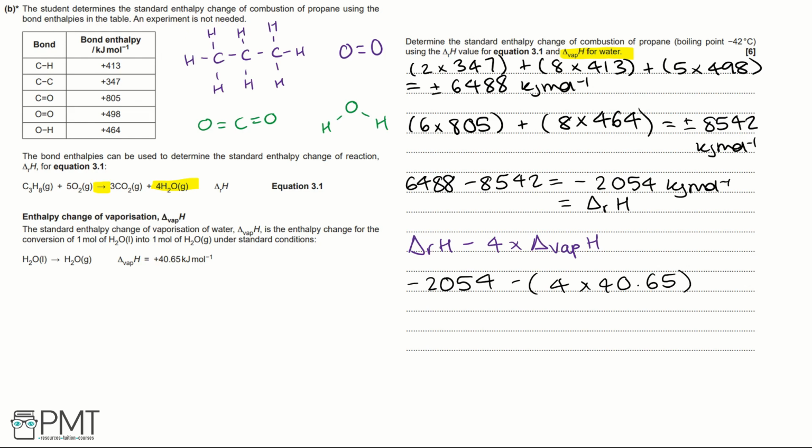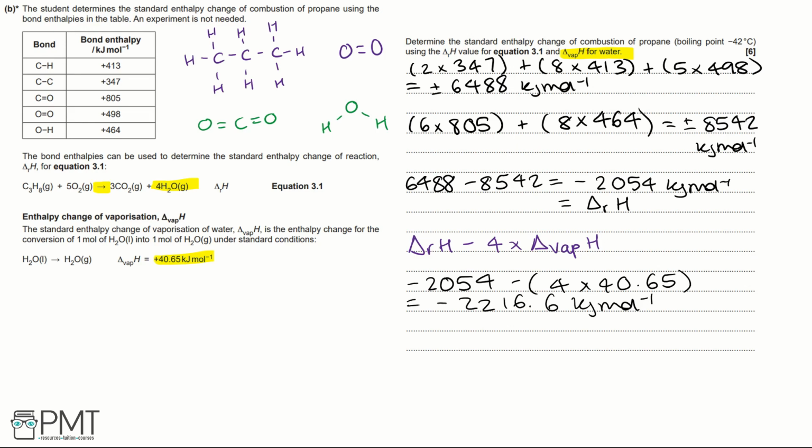So we get this number from the information in the question. And that's how you go from liquid water to gaseous water. And that's going to equal minus 2,216.6 kilojoules per mole. The mark scheme will also accept if you round up, so you write minus 2,217. This will also get you the mark.